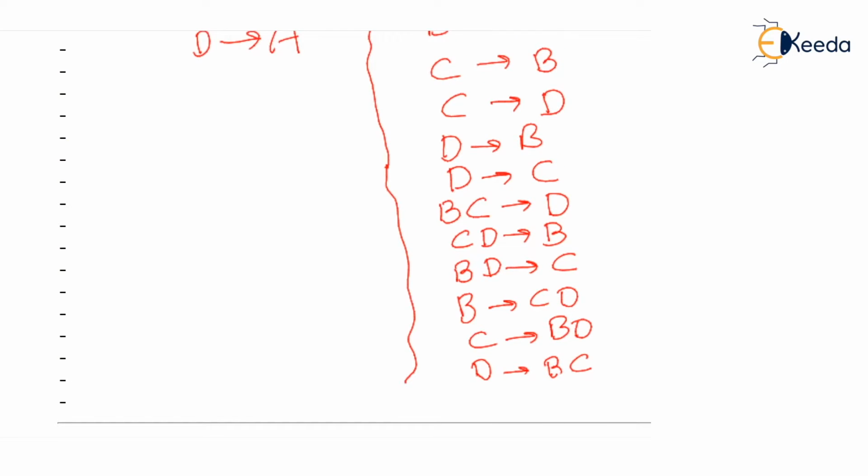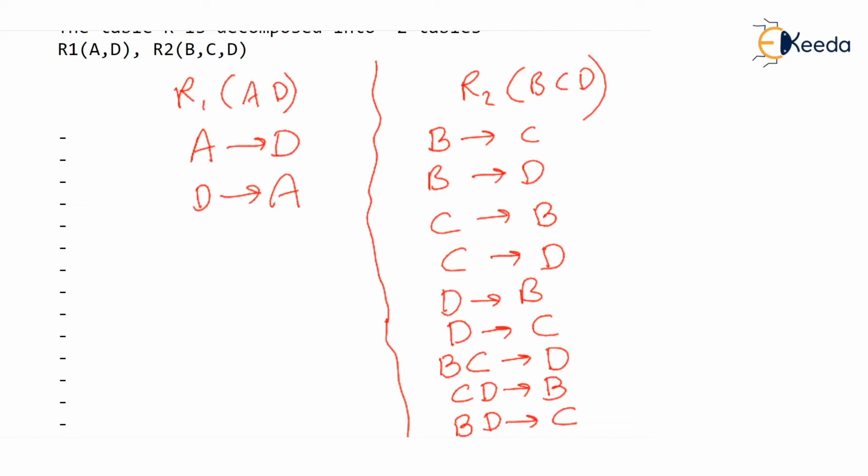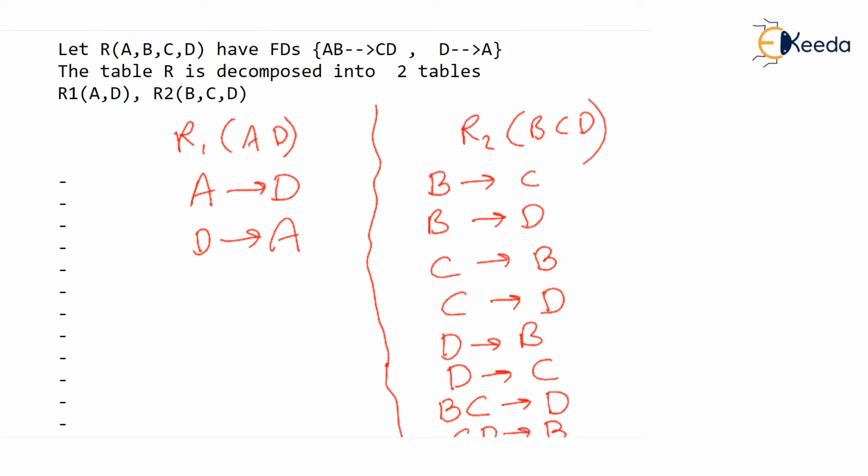Now let's go to the R1 table. Is A determines B satisfied? Let's see. Is this true? So what you do is you find A closure on the original set. Let's find A closure, B closure, C closure, and D closure on the original set.